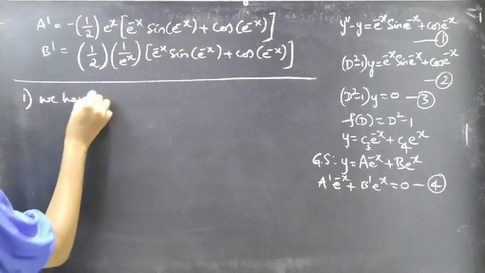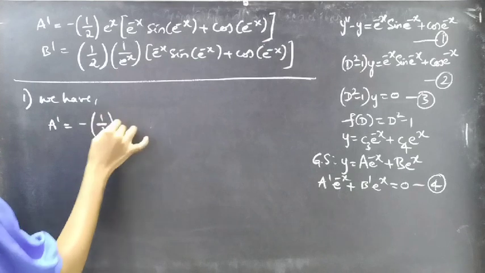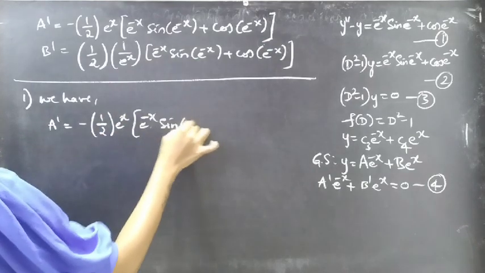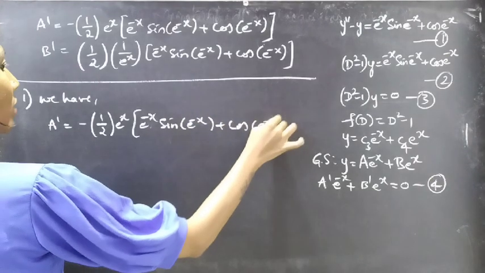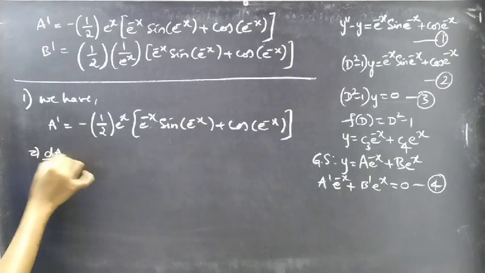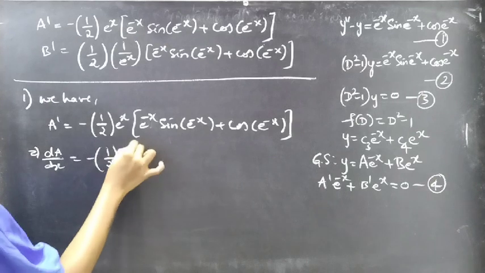We have a dash equal to minus 1 by 2 e power x into e power minus x sine of e power minus x plus cos of e power minus x, right? A dash is nothing but derivative of a with respect to x, equal to the RHS part, which remains the same.